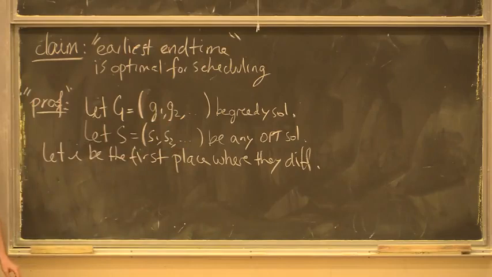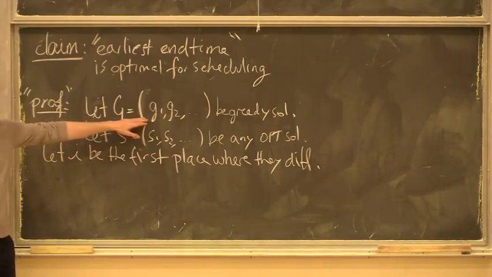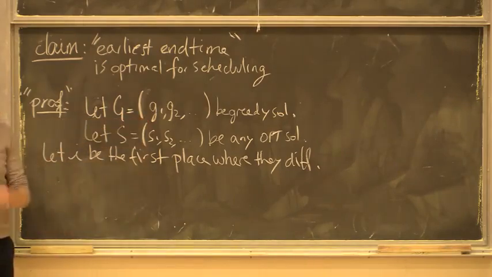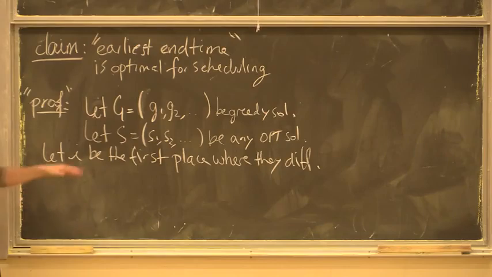The question is, are G and S sorted? I am using an order. I am picking G to be the order in which they're chosen by the algorithm. Okay? And for S, you can just sort it yourself. It is a solution. Okay?